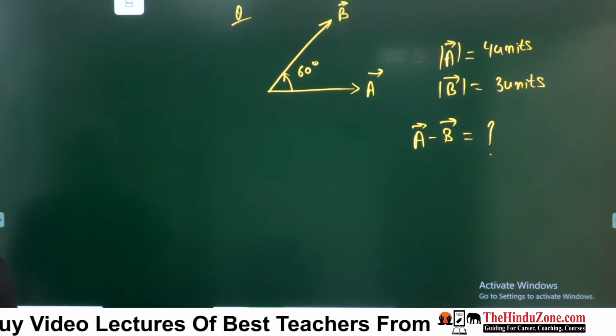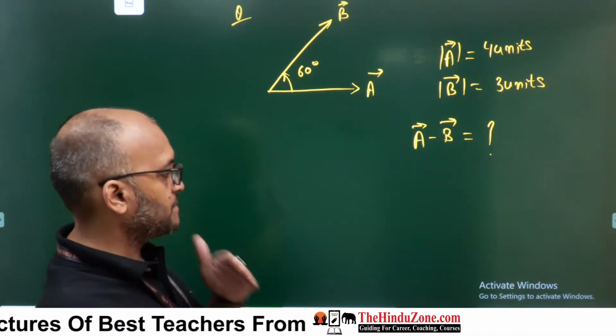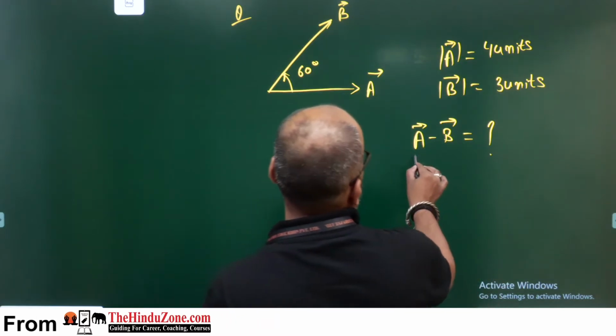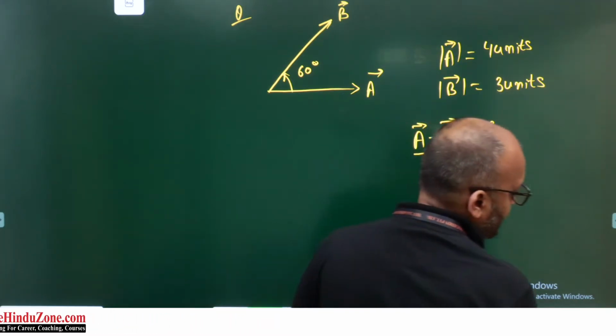Side is root 13. Good, good. Angle also. I am asking for vector A minus vector B, so you have to tell me the direction also.